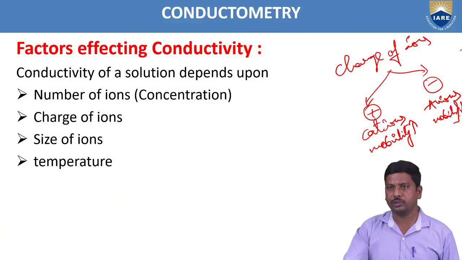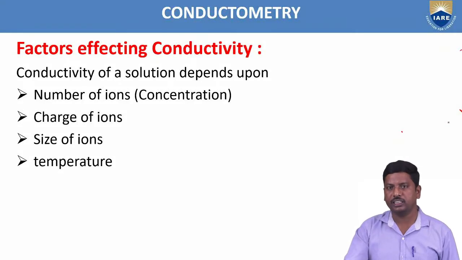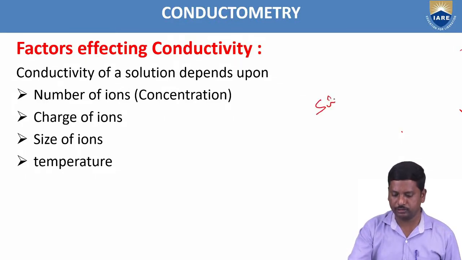So it depends upon the charge of the ions. It may be either directly proportional to conductivity or inversely proportional to conductivity, depending upon the polarity of the ions. Next, the third one is the size of the ions. When size increases, the mobility decreases.